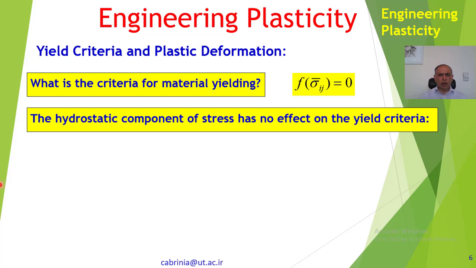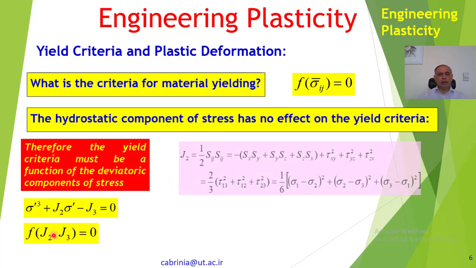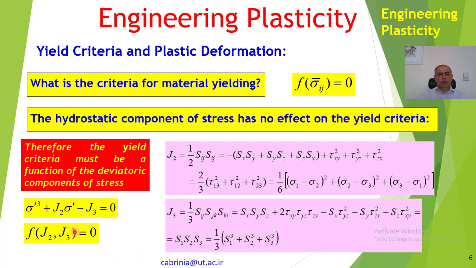Now, we say that the hydrostatic component of stress has no effect on the yield criteria also. If you remember, we had the deviatoric stresses developed: sigma prime cubed, J2 sigma prime, and minus J3, and J1 was 0.